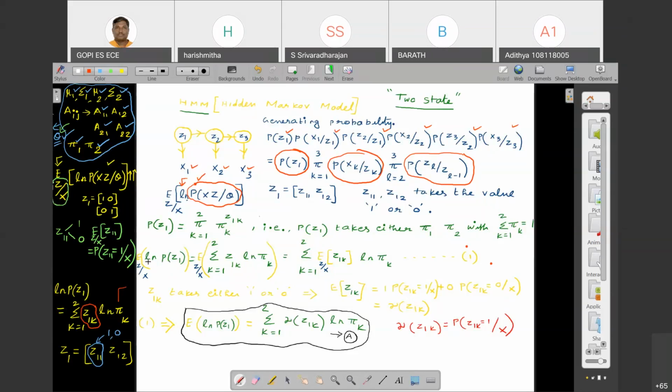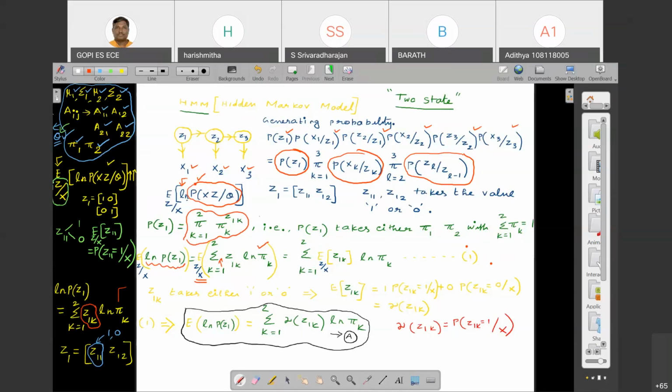As I told you, we are interested in getting ln of p of z1, and p of z1 is written in this way. If I take the ln, it becomes sigma of z1k ln pi k. Now you are taking the expectation, so sigma is taken outside and the expectation is brought inside.